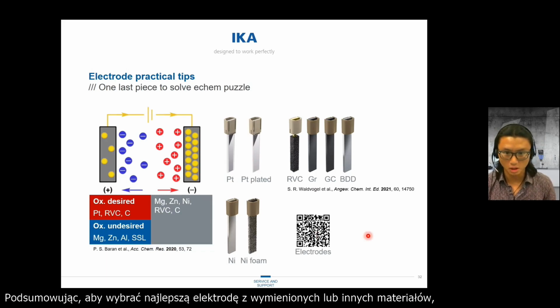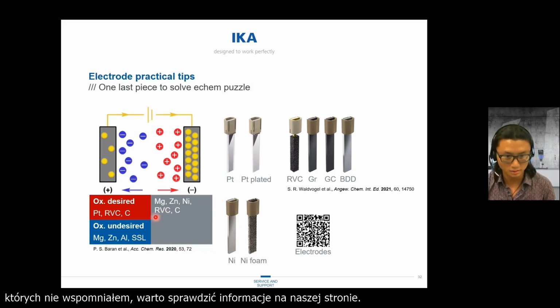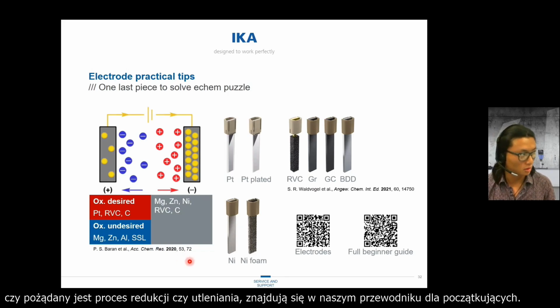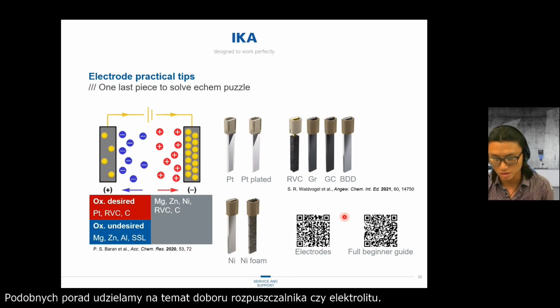In order to find all those electrode information and any other materials that are not covered but still useful, you can find it on our website. And everything I have mentioned about choosing electrodes for desired oxidation or desired reduction can be found in this beginner guide, and it also gives you suggestions for choosing solvent and electrolyte.